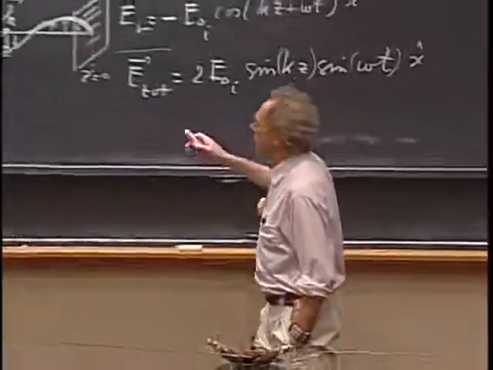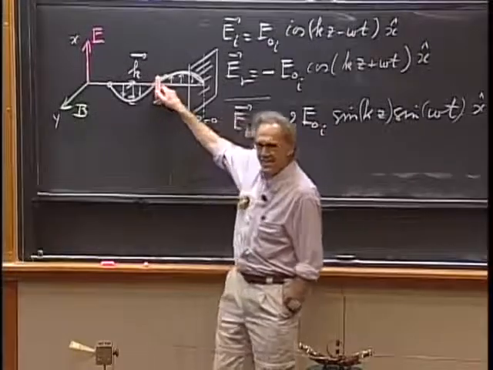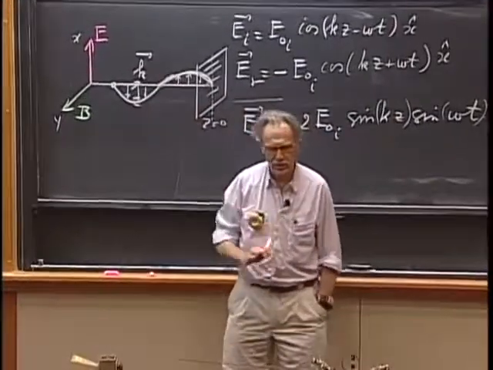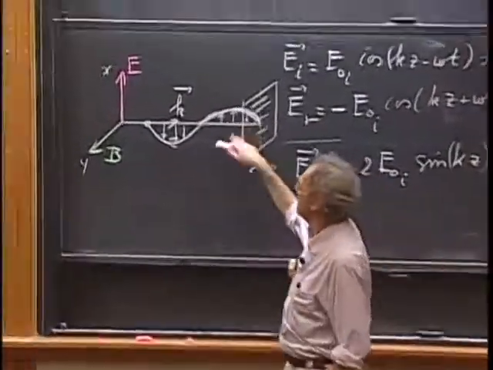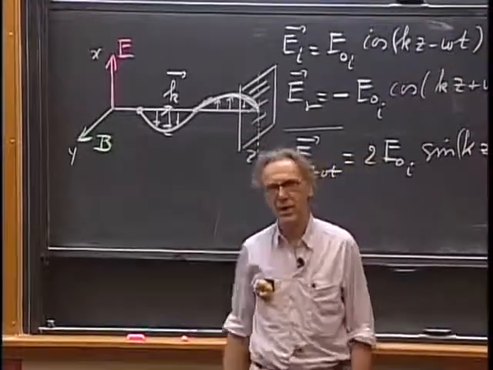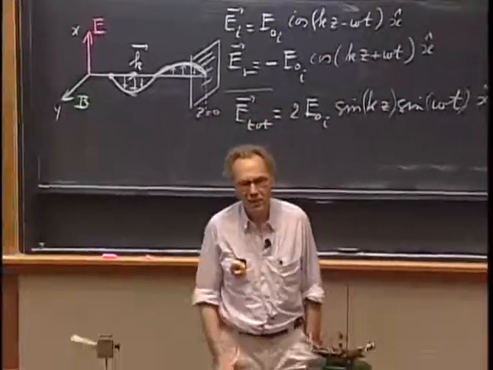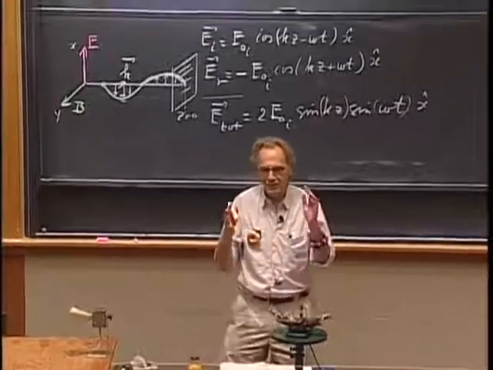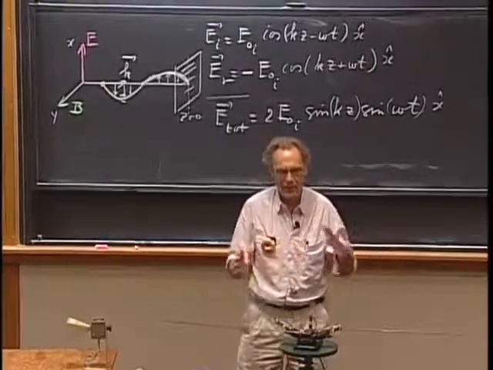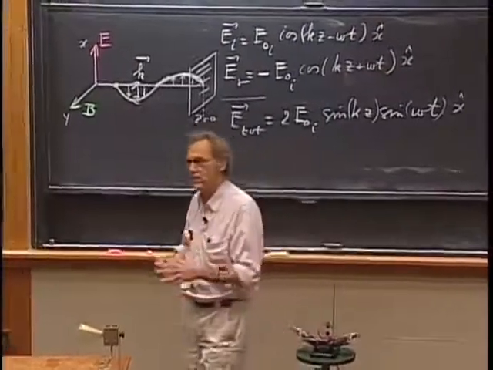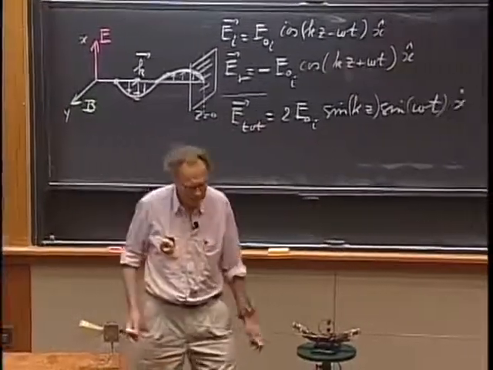So that means where you have the nodal surfaces in E, you have the antinodal surfaces in B, and where the E fields reach the maximum, the magnetic field is 0. Unlike a traveling wave where the magnetic field and the electric field are in phase, both in space and in time, they are now 90 degrees out of phase.